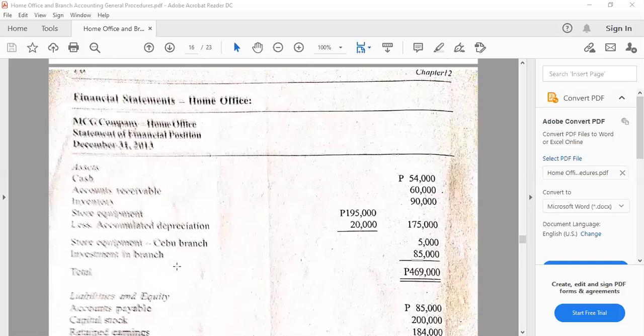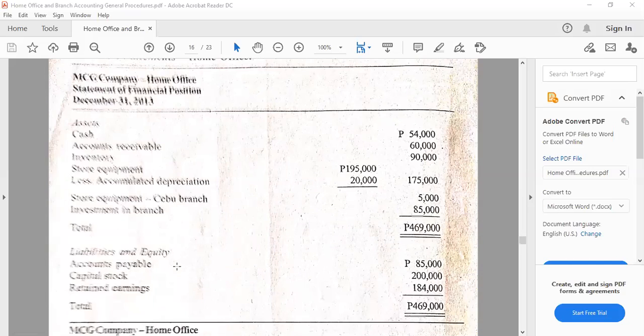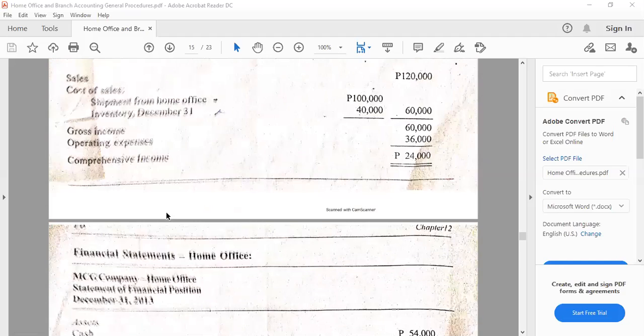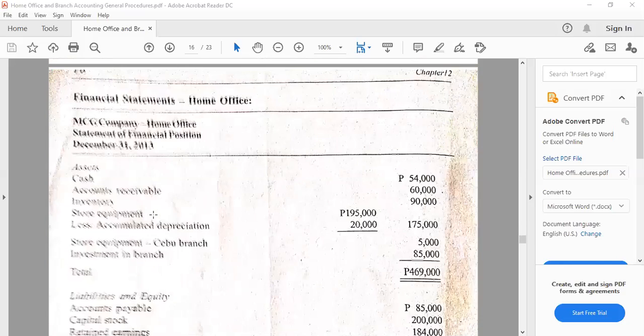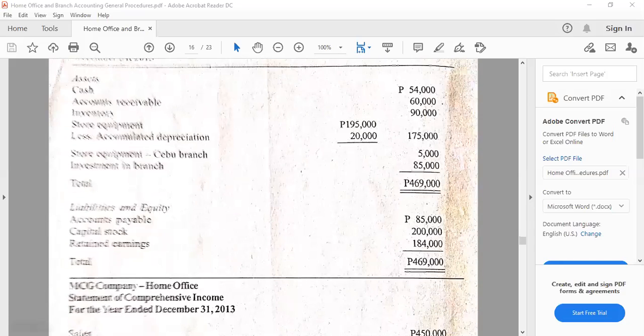Then home offices, financial statements. We have the statement of financial position, which is somehow an extensive one, especially with the equipment with the contra asset accounts. I've noticed here that there is no equipment in the branch, so Cebu branch. And then there are equity items here also, capital stock or share capital and accumulated profits and losses, formerly known as retained earnings.